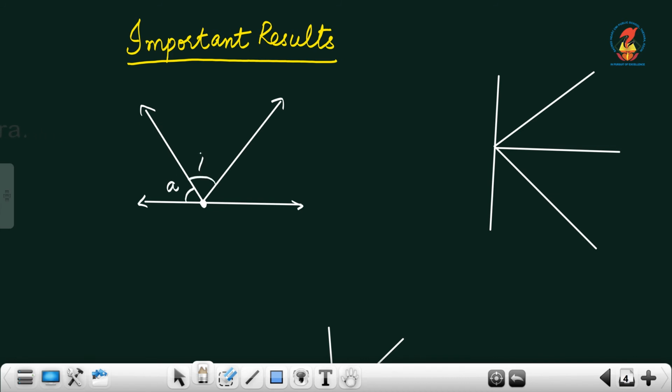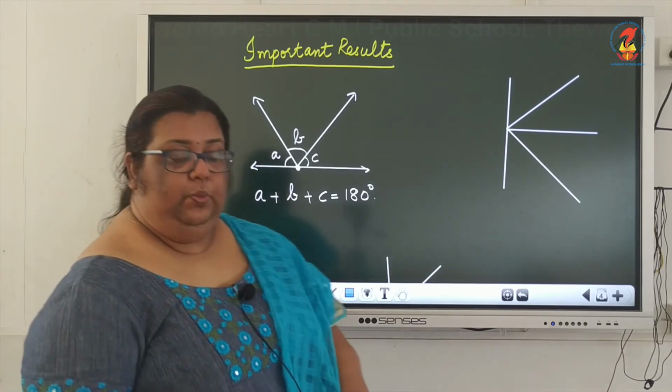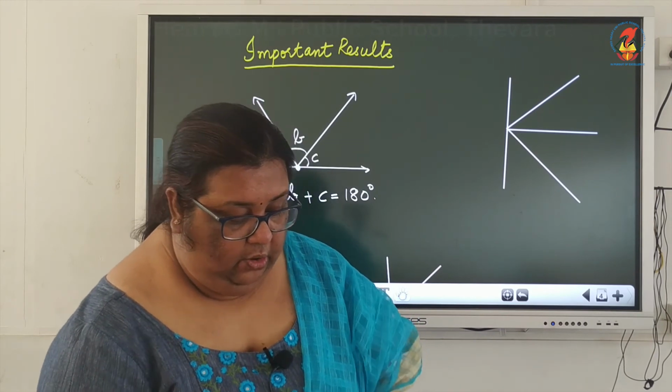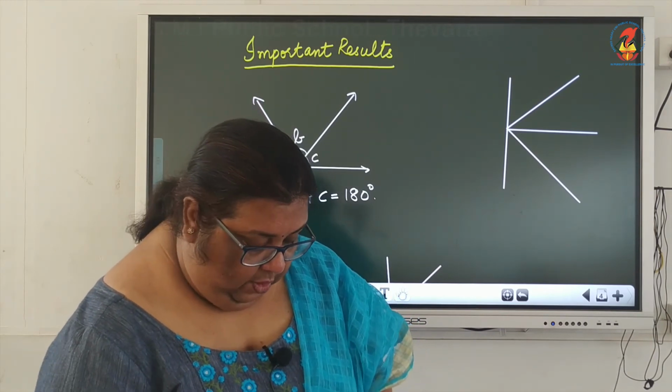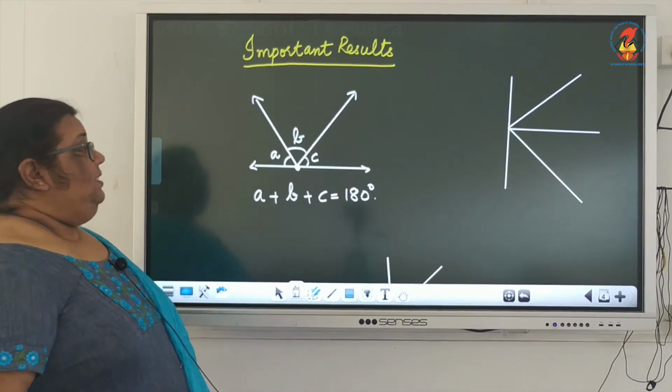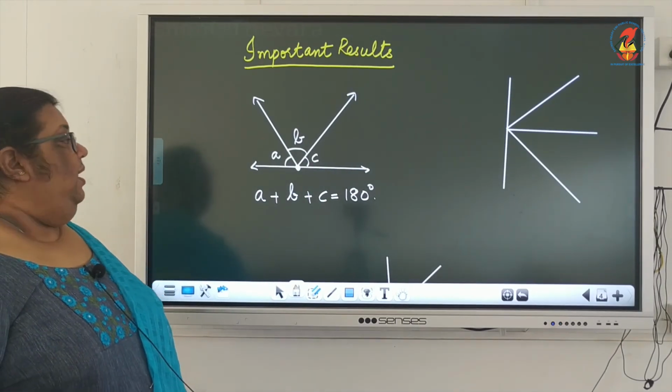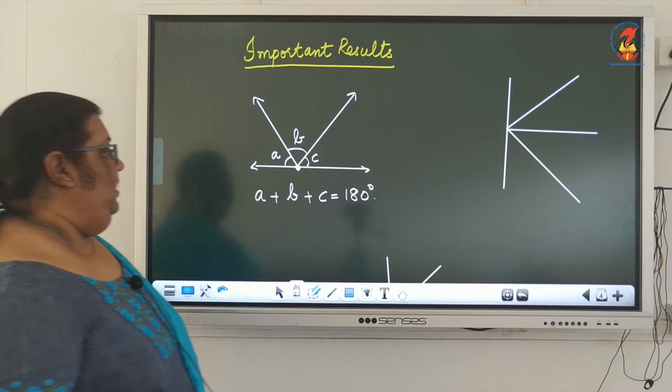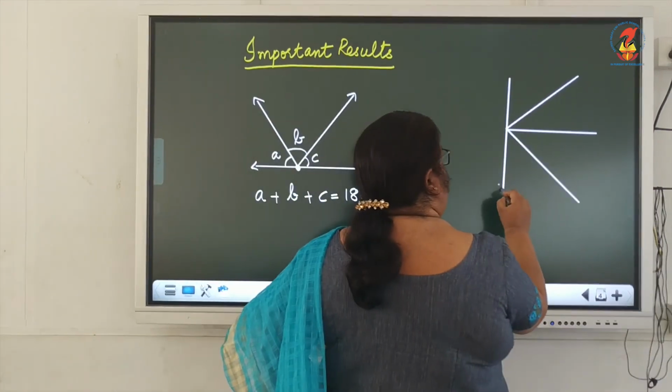I am naming them A, B, C. So the sum of the angles A plus B plus C will be equal to 180 degrees. Angle A plus angle B plus angle C will be equal to 180 degrees. Or you can say that the sum of all the angles on the same side of a line at a given point equals 180 degrees.